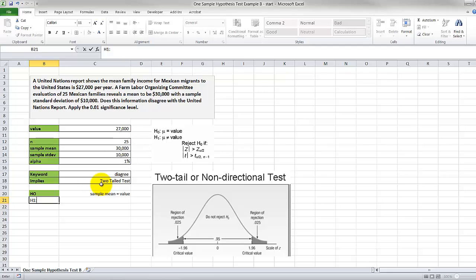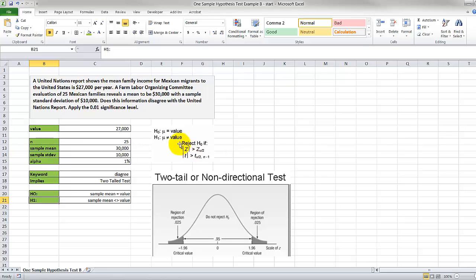Our H1 is that our sample mean is not equal to. And this is the shorthand notation in Excel for not equal. You actually would use that in formulas if you were trying to program the not equal to symbol.